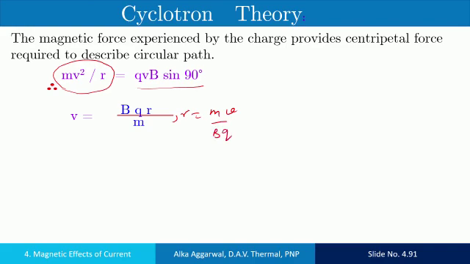Now the time it takes to complete the semicircle. You know that time is equal to distance upon velocity. The distance to complete the semicircular arc is pi r, and the velocity is bqr upon m.